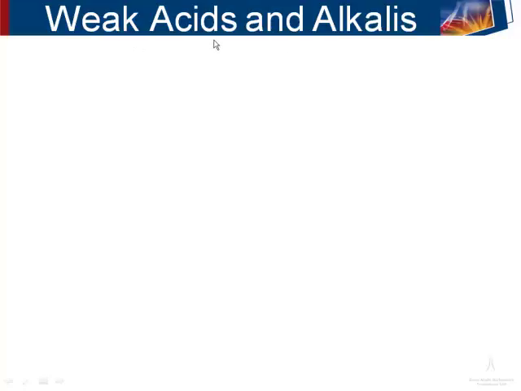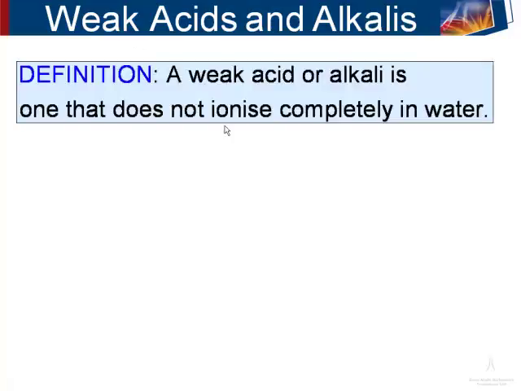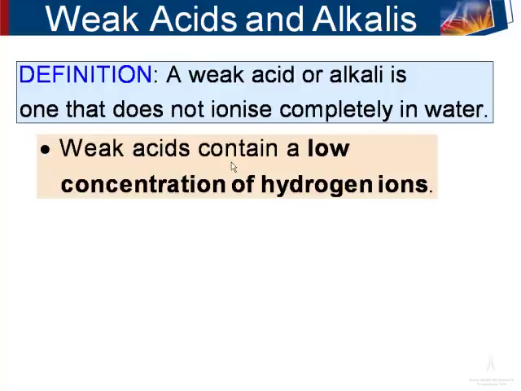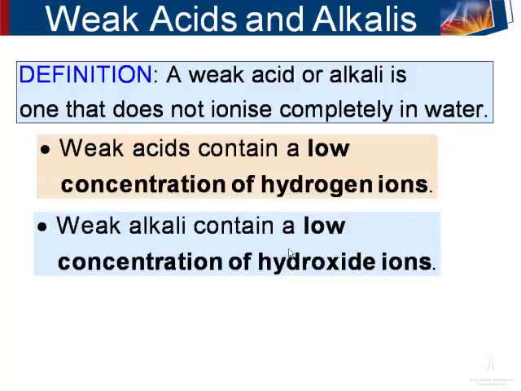What about weak acids and weak alkalis? Well, a weak acid or a weak alkali is one that does not ionize completely in water. We often say they ionize only partially in water. Weak acids contain a low concentration of H+ ions, and weak alkalis also contain a low concentration of hydroxide ions, OH- ions.